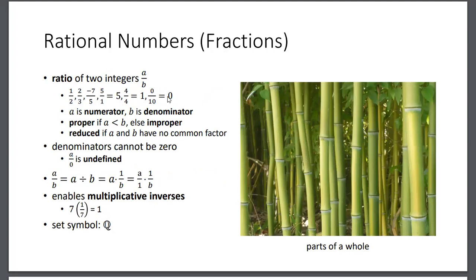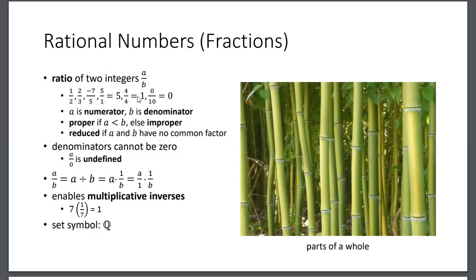Some examples of rational numbers in this list here. Notice that 5 can be written as 5 over 1, and 1 can be written as 4 over 4, or 3 over 3. And 0 over anything, including 10, is 0.